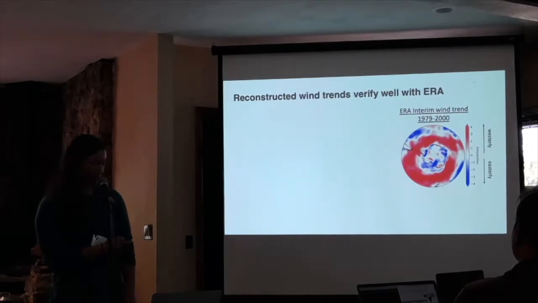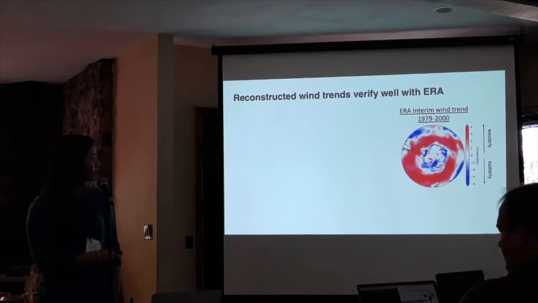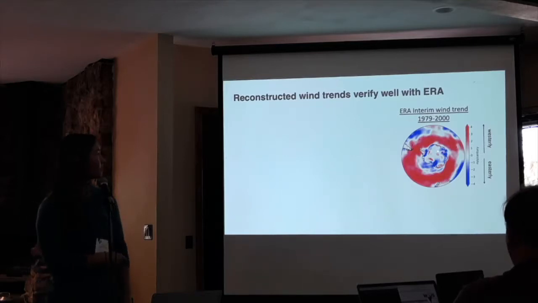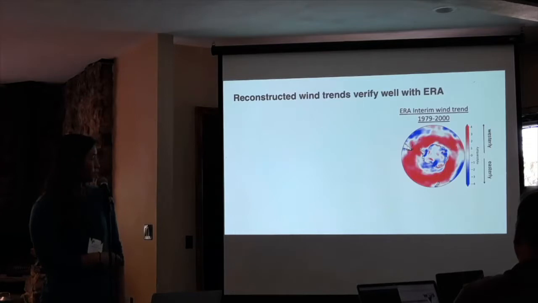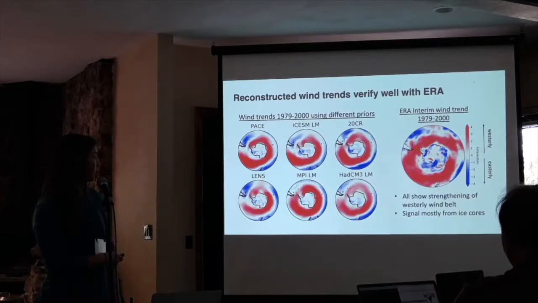So on to the wind trends. To see how well we can do at reconstructing winds at the Antarctic level, I can verify it with ERA interim wind trends. This is from ERA, the wind trend from 1979 to 2000, and all this red here means that the wind trends are becoming more westerly. So I can compare my reconstructions with that ERA trend.